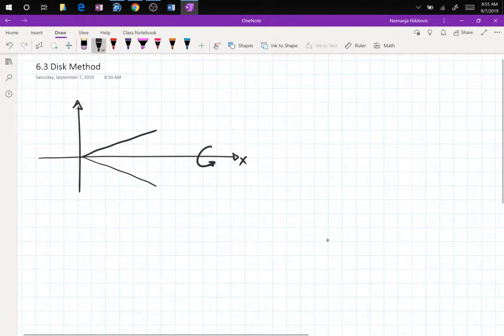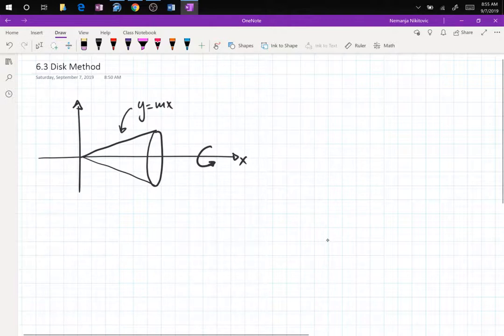It will create a circle like this, and you get a cone. So if I rotate y equals mx plus b, some linear line, well, actually it's just mx because b is 0, right? It goes through the origin. If I rotate y equals mx, I'm going to get a cone as a three-dimensional shape.